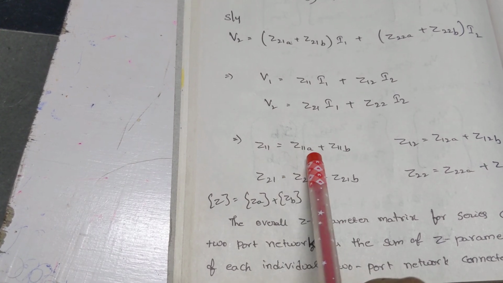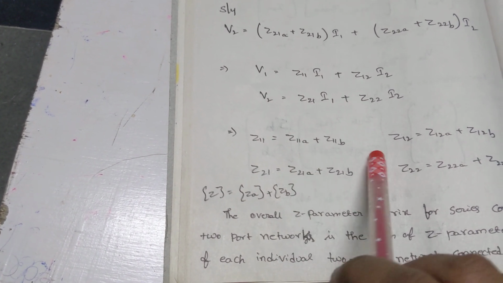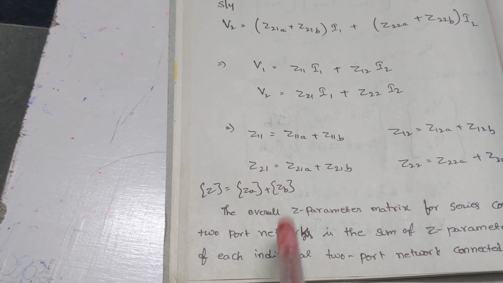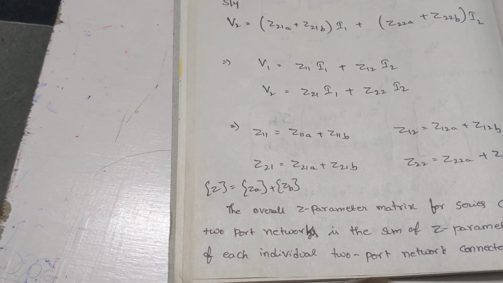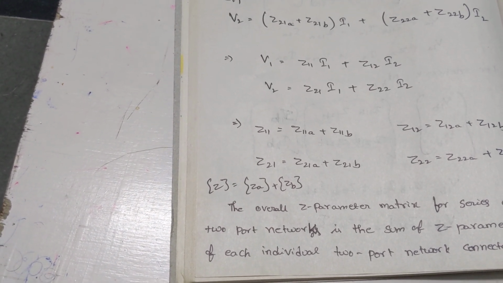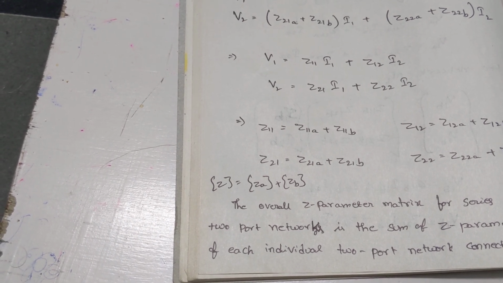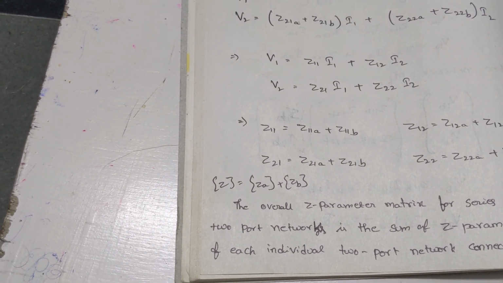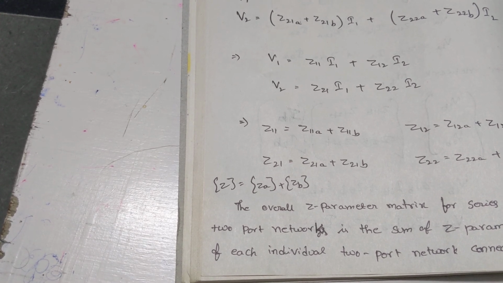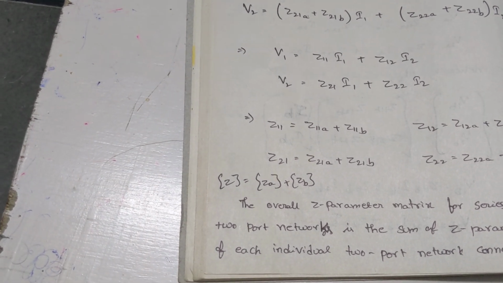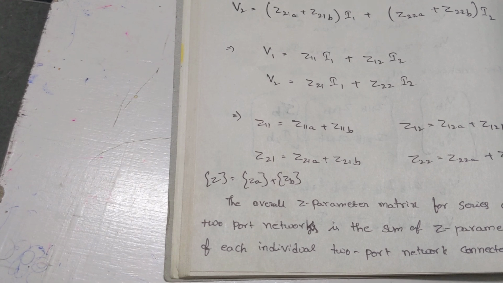It is the sum of both individual port parameters. So when you connect the elements in series, the Z parameters are nothing but the summation of those two networks.